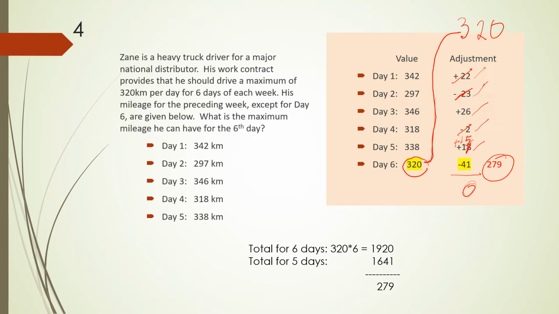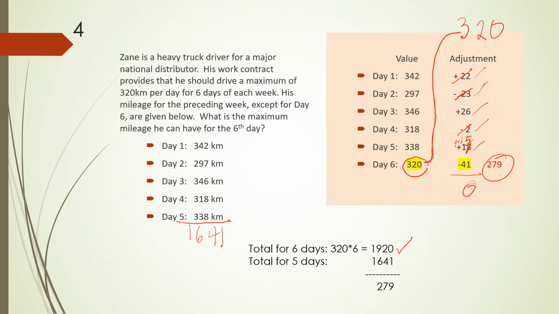279. So in the traditional mode of doing this, what we need to do is to compute for 320 times 6, which will be 1920, and the total for the 5 days will be 1641.